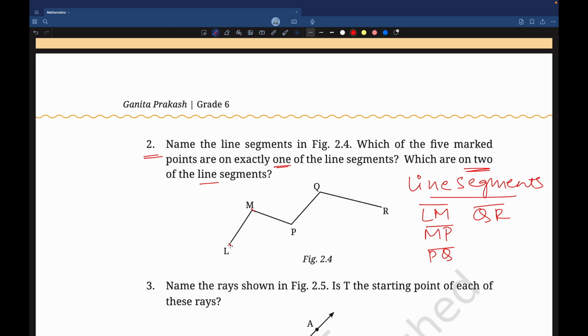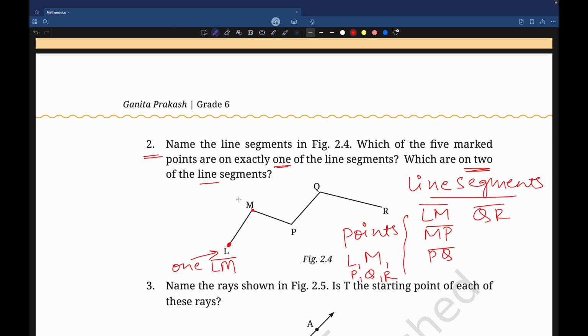Now these are the points. Points are point L, M, P, Q and R. The point L is on one line segment, that is LM.